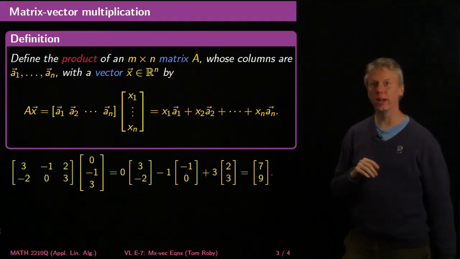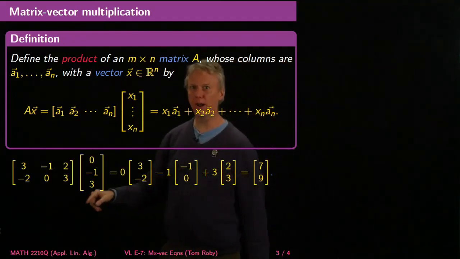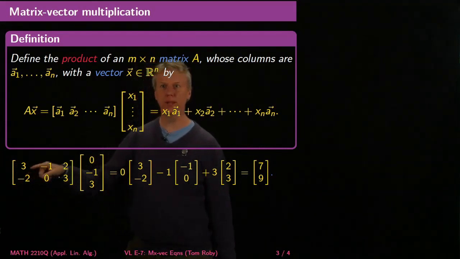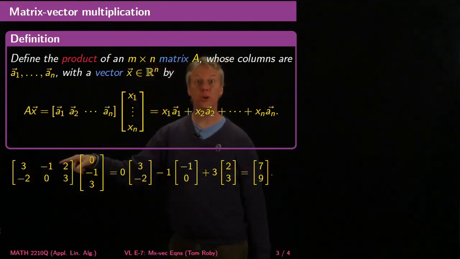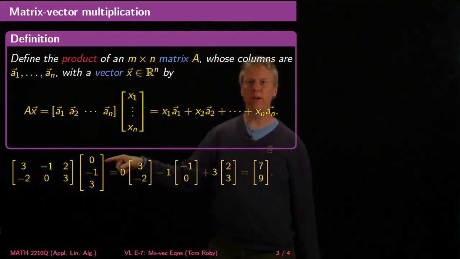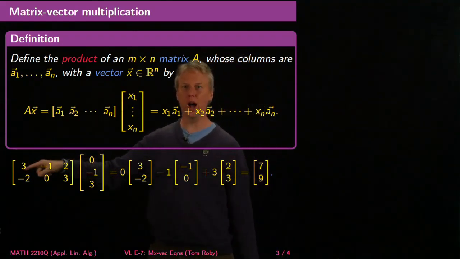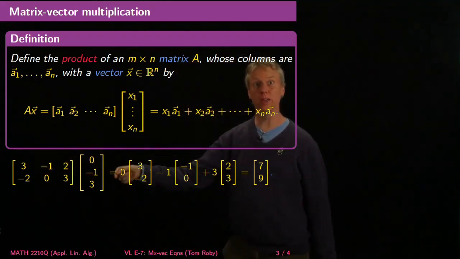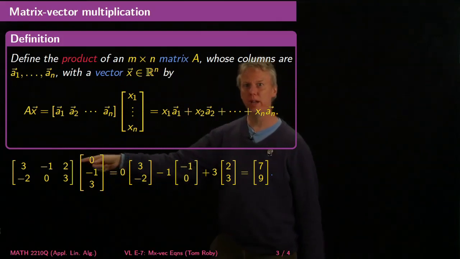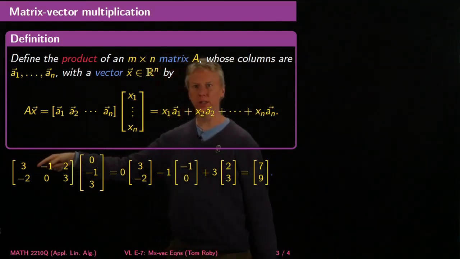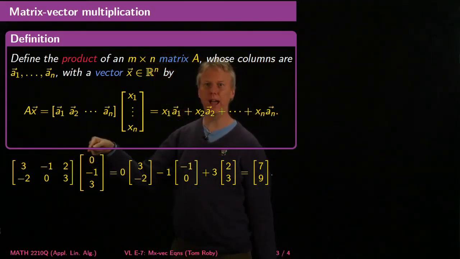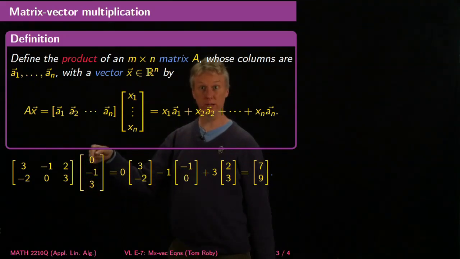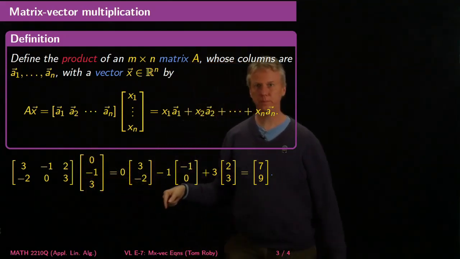So let's look at an example really quickly. Here I have a matrix with 2 rows, so m equals 2, and 3 columns, so n equals 3. If I'm going to take a linear combination of 3 columns, I need to have 3 numbers to do it with: 0, negative 1, 3. So the number of columns here has to match the length of this vector.